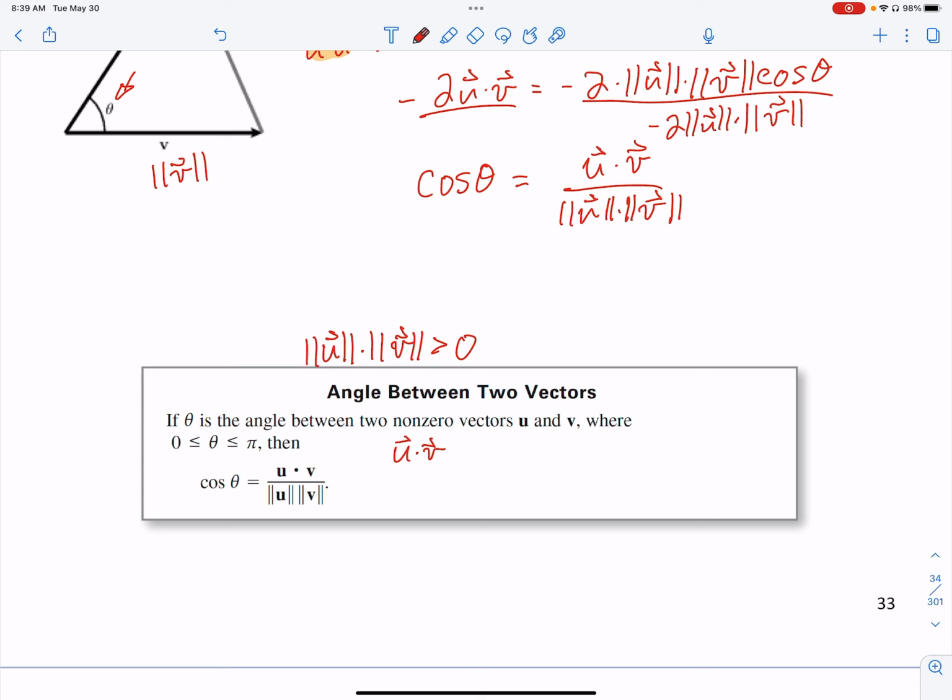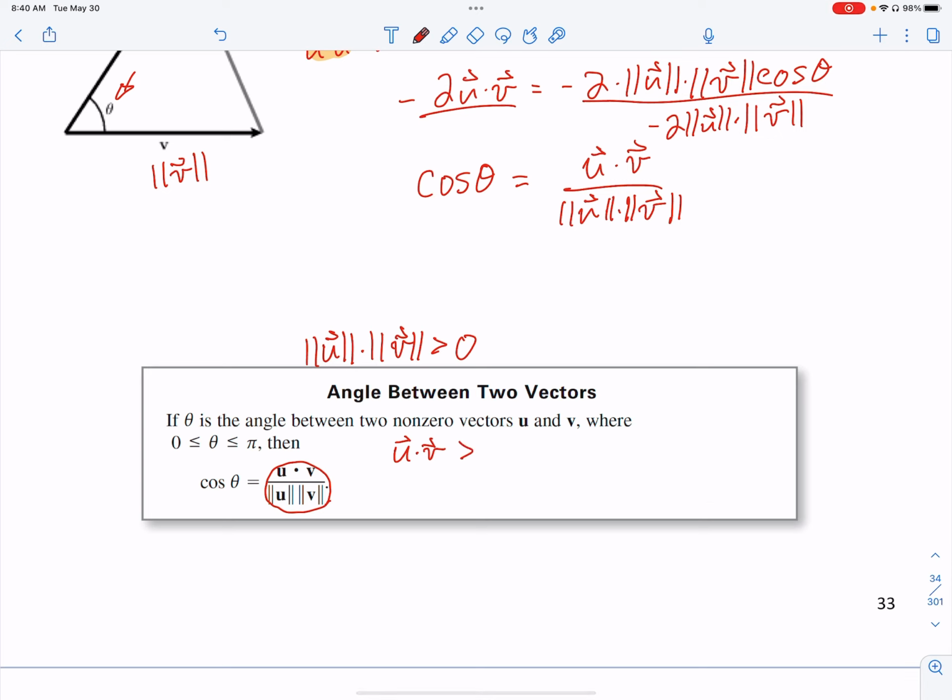Make sure you agree with that. They're lengths, so the lengths have to be positive, and multiplying them together gives a positive. So the sign of this expression, positive or negative, relies completely on u dot v. Since the bottom is always positive, the top will determine the sign of my cosine.